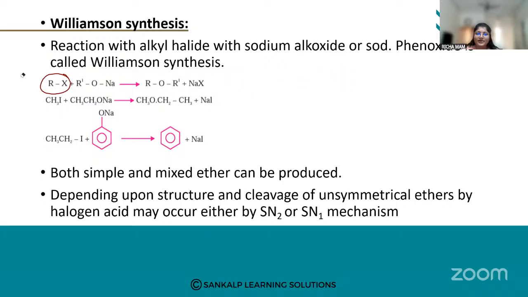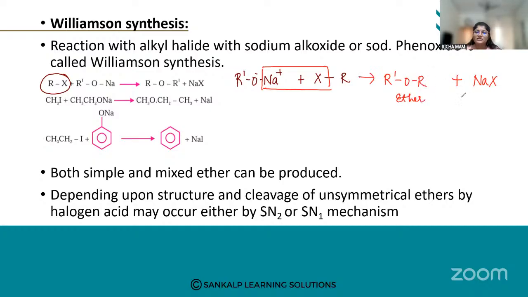I am going to take a sodium alkoxide and heat it with the alkyl halide. When the alkyl halide and sodium alkoxide react, I am going to get the byproduct NaX plus R'OR. So this is the ether.